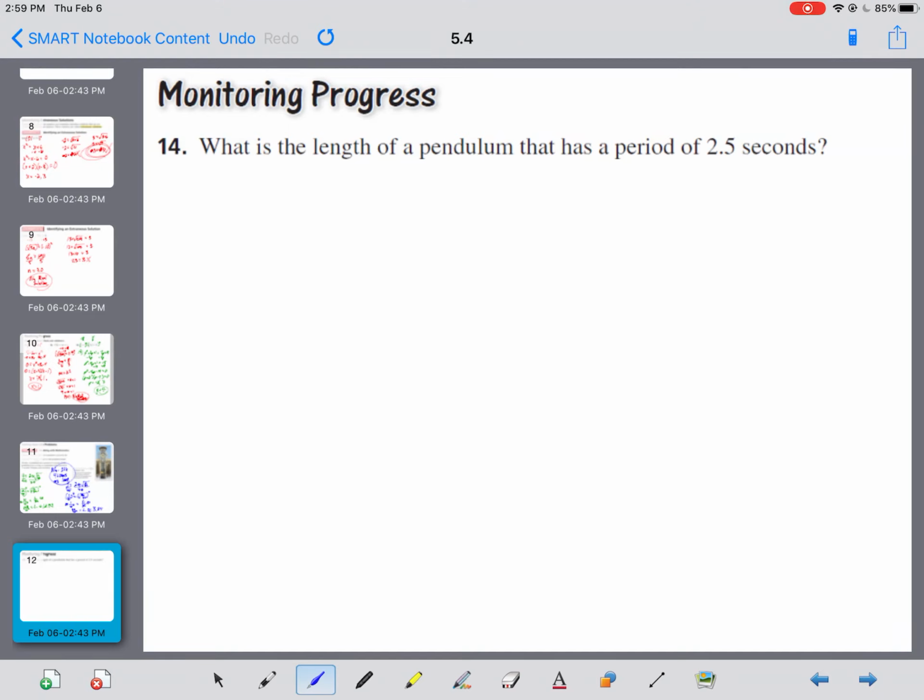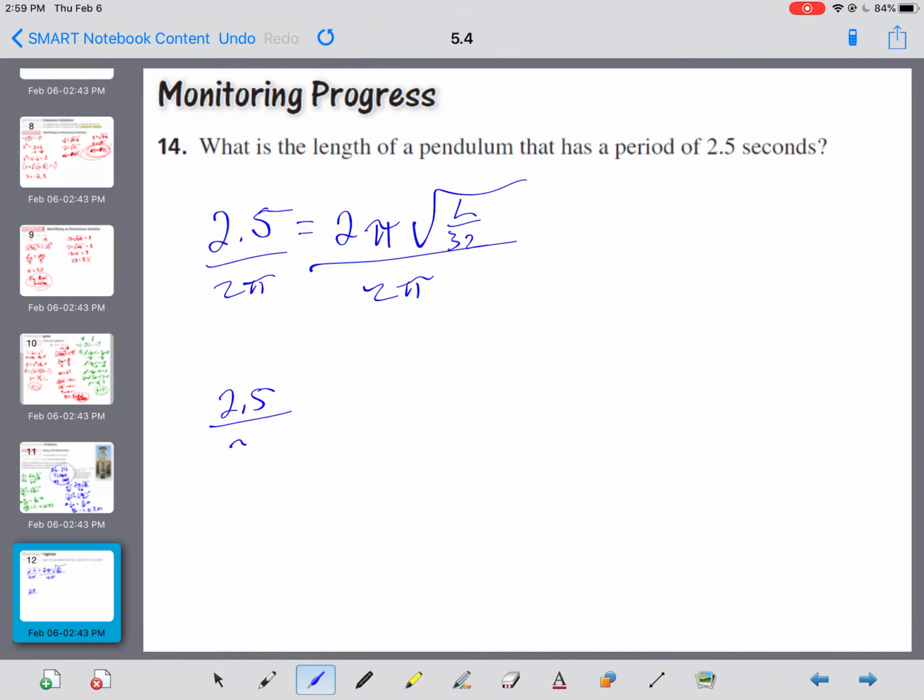Here's another. What is the length of a pendulum that has a period of 2.5 seconds? So we're just going to plug it into that same deal. 2.5 seconds equals 2 pi square root of L over 32, divided by 2 pi. 2.5 over 2 pi equals the square root of L over 32.